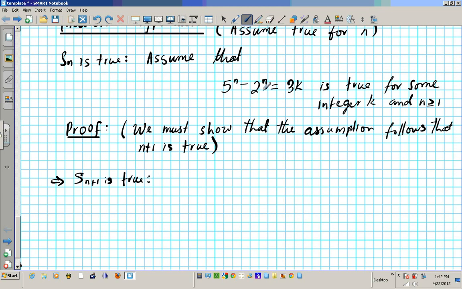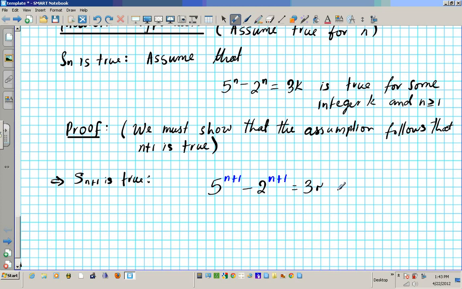Okay, so let's rewrite Sn plus 1. So what will Sn plus 1 look like? We're going to write 5 to the n plus 1 minus 2 to the n plus 1 equals 3r. You need to use a different variable here since k is already taken.